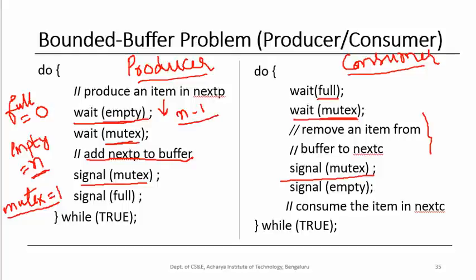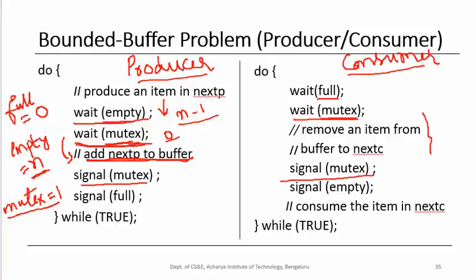That means the producer is now going to produce one item that is going to be put in the buffer. Then the producer, assuming that the consumer has not obtained the lock on the buffer at this point of time, when it executes wait on mutex, sees the value of mutex as 1, makes it 0 and enters into the critical section. Why critical section? Because it is accessing the shared buffer.